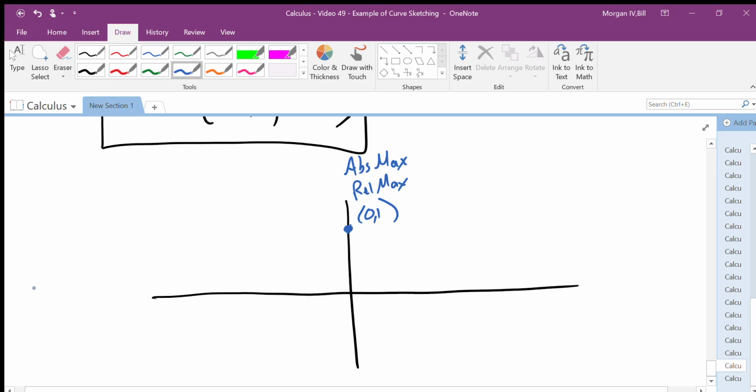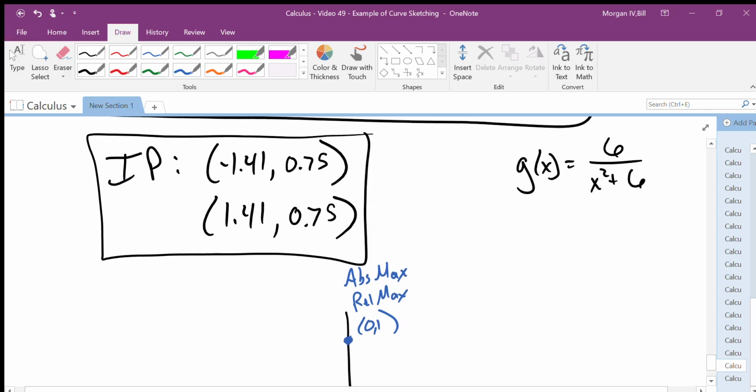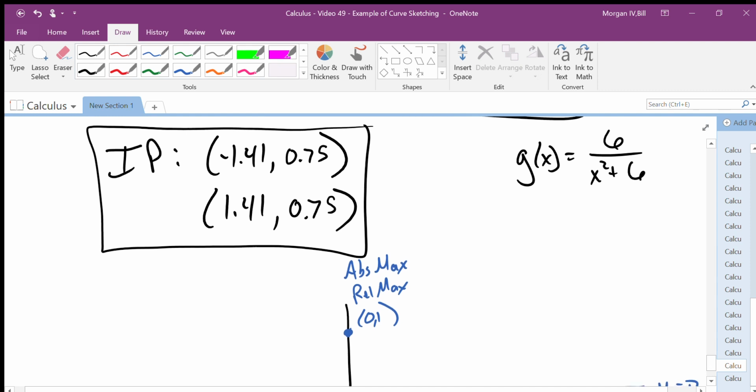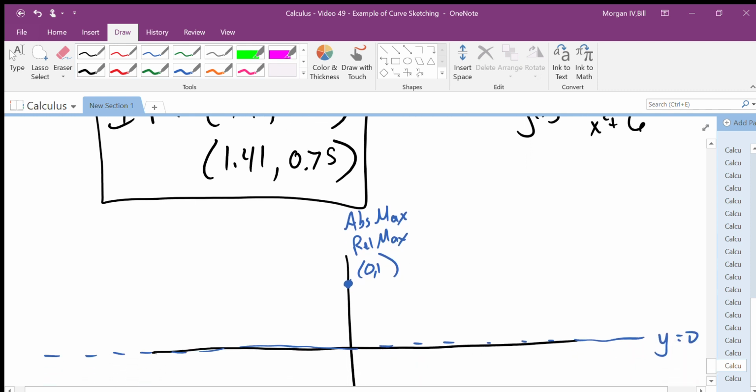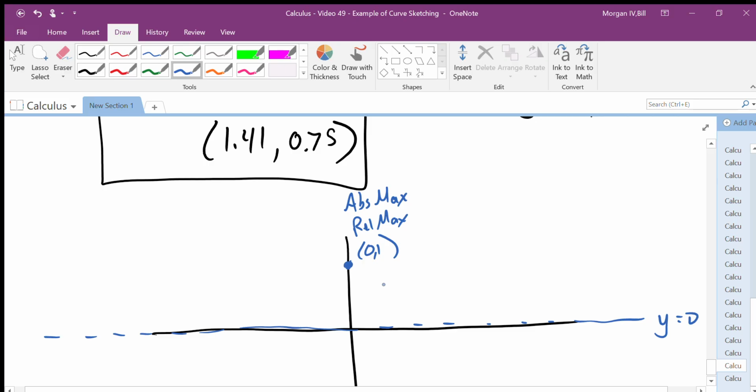We have a horizontal asymptote at y equals 0. We know that there are no relative minimums. We know that the curve does not cross the x-axis because there are no roots. There's no vertical asymptotes. We know that at root 2 or 1.41 and negative 1.41, negative root 2, 0.75 are inflection points. So maybe about right there and about right there.